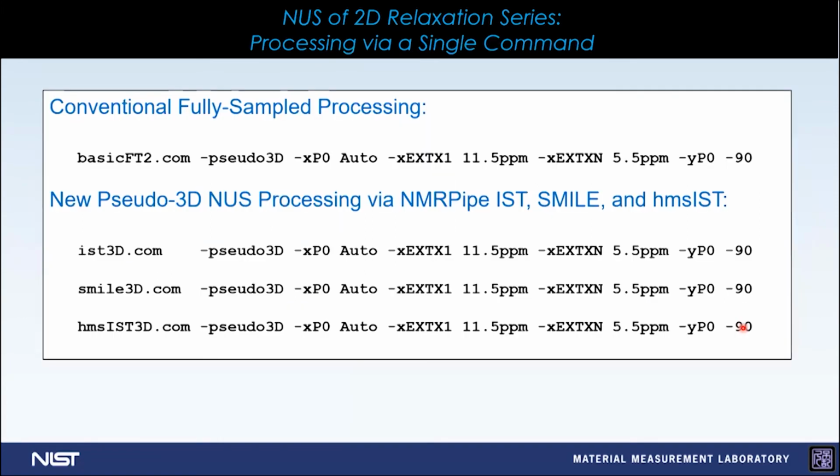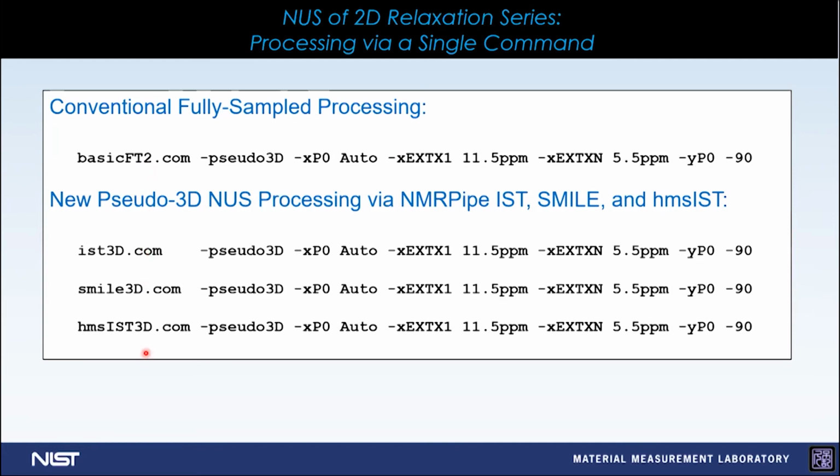We can perform any of these reconstructions as a single command that can be operated from the command line. So for example, the command here shows what you would use to perform pseudo 3D processing on a conventional, fully sampled relaxation series.